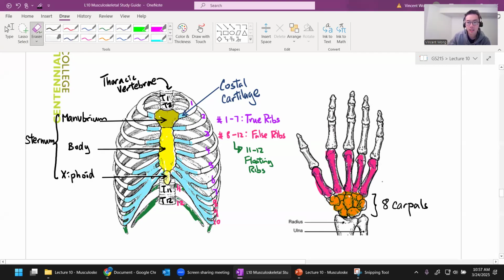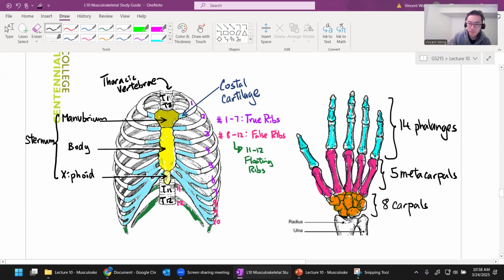And how many of these do we have? 5. And finally, 2 phalanges for the thumb and 3 for each of the other fingers. Right?